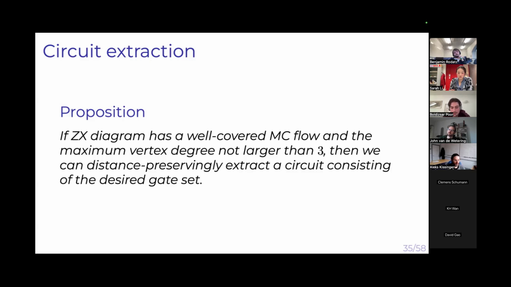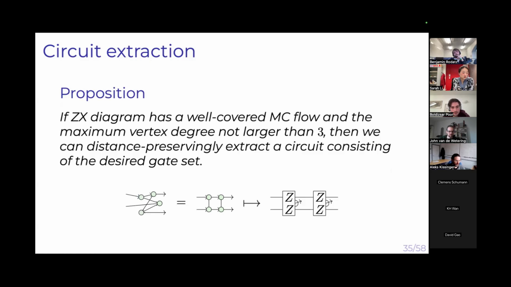So these 2 qubit operations and local Cliffords. And this is just an example that if we have some ZX diagram with a well-covered MC flow, which can be described by a set of paths, then we can rewrite it into something that can be extracted into the desired gate set.